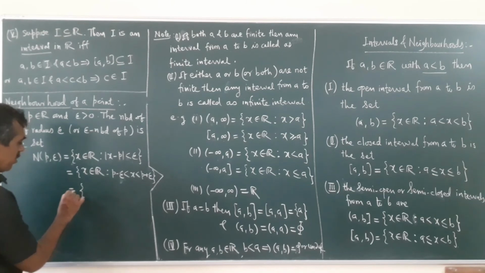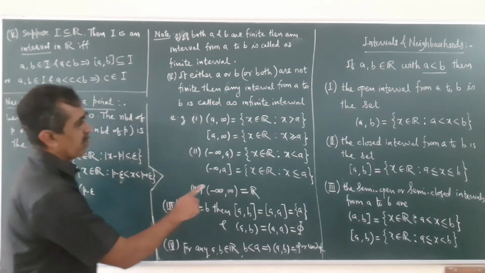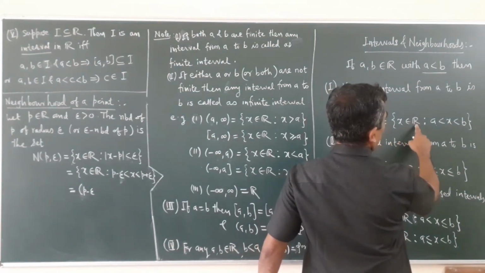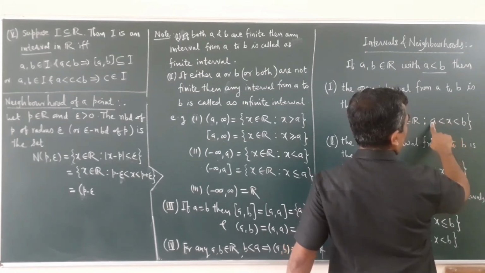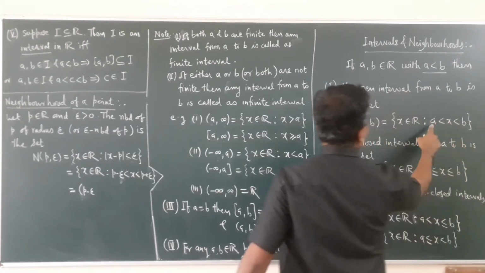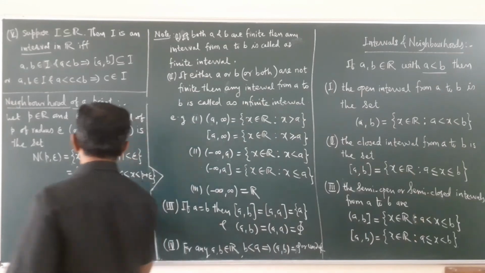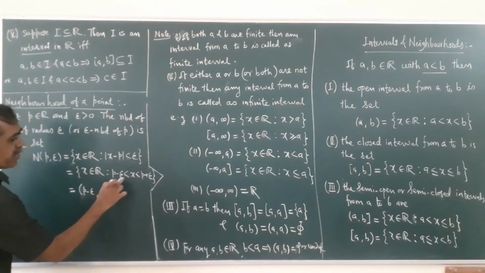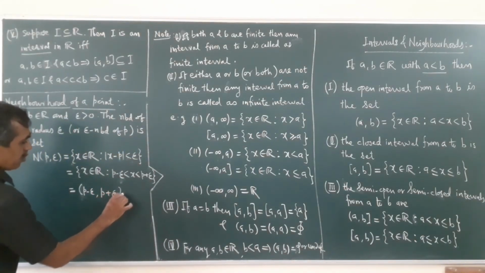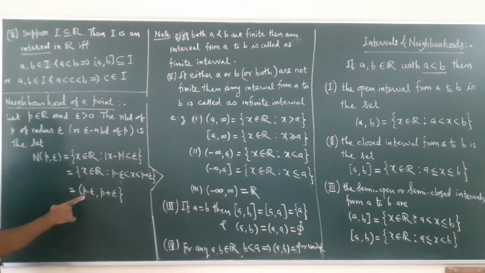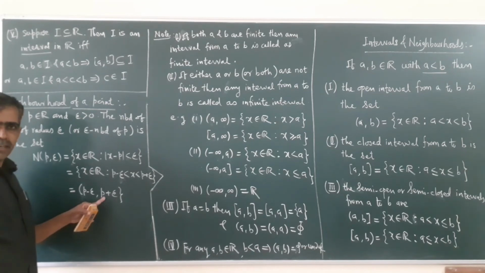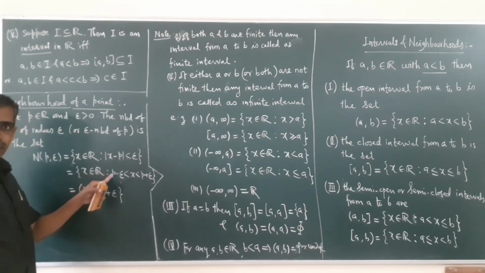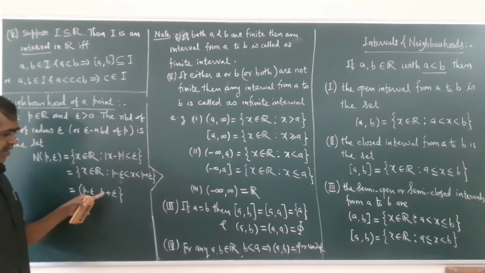What is this? This is nothing but, see here, all those real numbers x which lie between A and B, such that x is greater than A and less than B, is nothing but the open interval (A, B). So this is the open interval (P minus epsilon, P plus epsilon). This is the definition of the open interval: the set of all x in R such that x is greater than this and less than this.